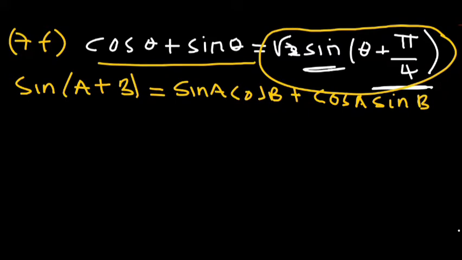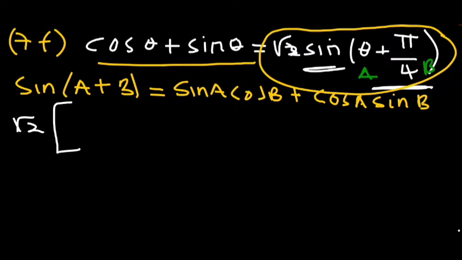So let us see how we can do it. What is our A? Let us try to identify our A. This is our A, and this angle is our B. Like I said, make sure that you convert the angles to degrees. It's going to be easier for you to work it out than when the angles are in radians. It's very confusing. So I'm going to factor out 2.